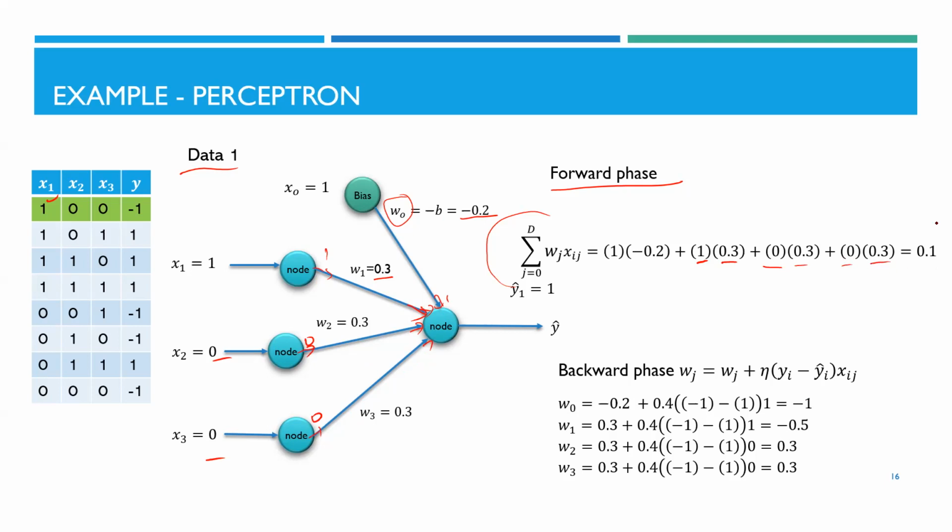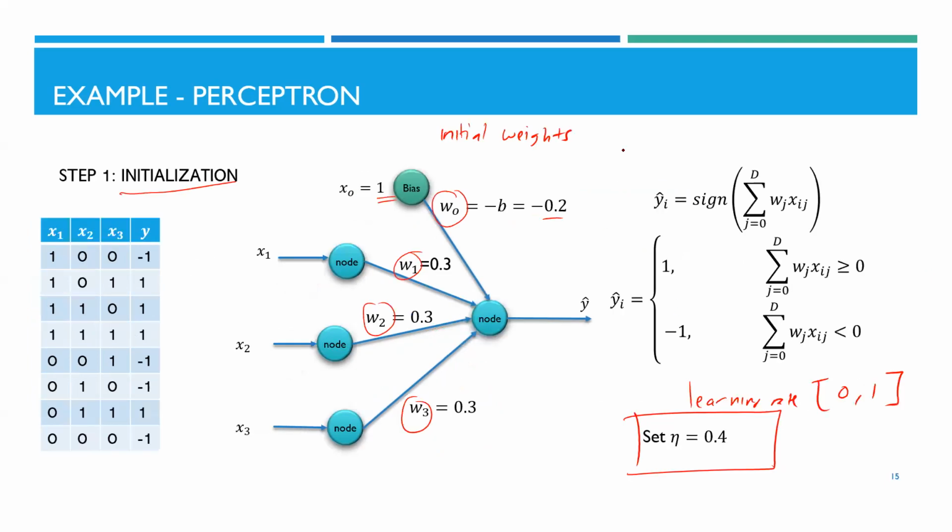So the result is 0.1. This 0.1 is only the total input for this node. If I divide it into 2, this is the input and output for this node. The total input is 0.1, but we have to use the activation function. If the input is 0.1, what is the output? We see from what we have defined.